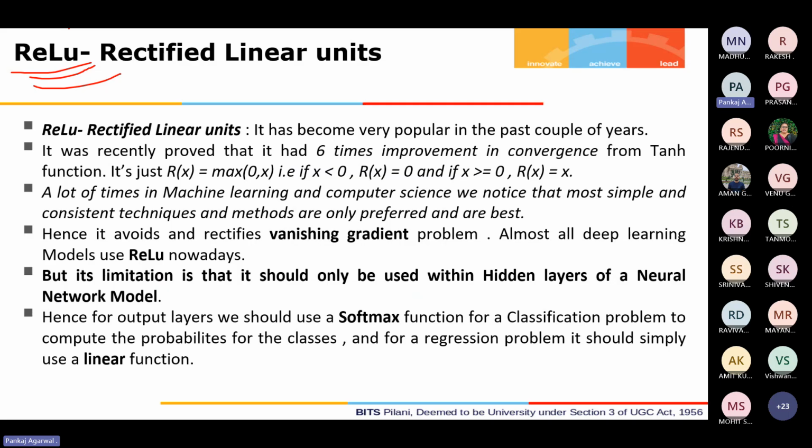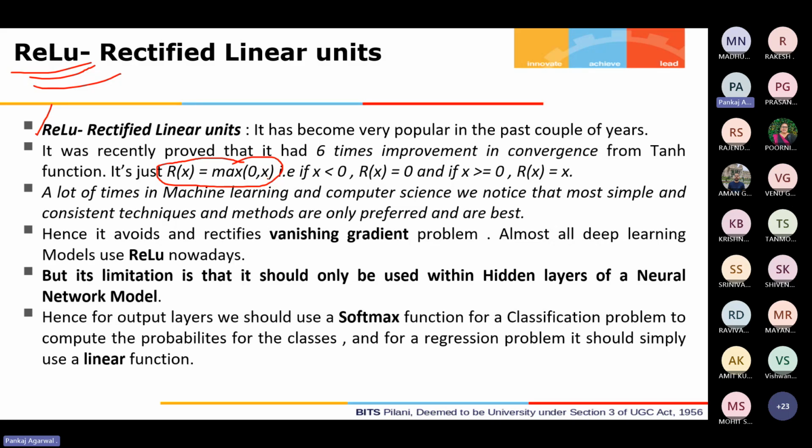So in order to handle this, they brought in experts, some person who actually discovered this ReLU activation function. It brings in a very simple solution. The function works like this: max of 0 comma x.